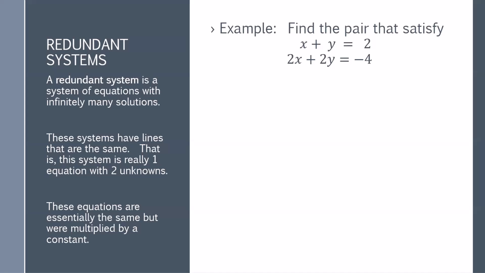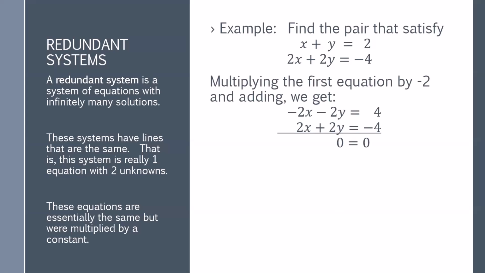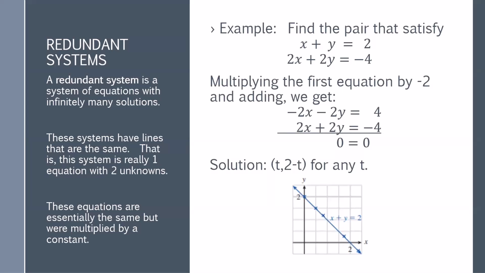If we multiply the first equation by -2, we get -2x minus 2y equals -4, and 2x plus 2y equals 4, and we add to get 0 equals 0. So given any x value that we'll call t, 2 minus t is a y value that will satisfy both equations. And of course, both equations are the same line.